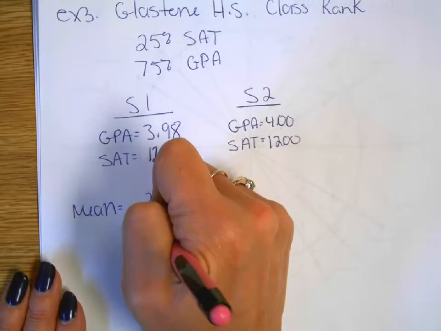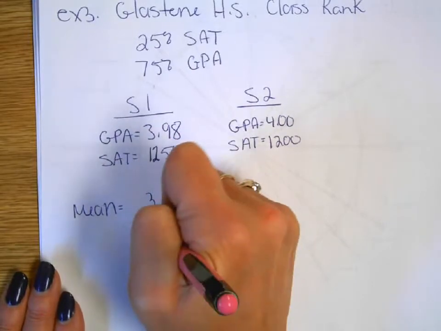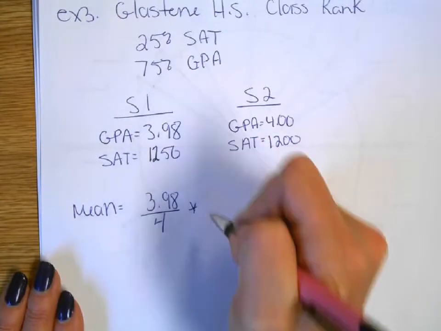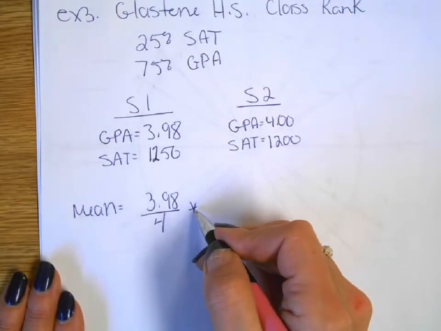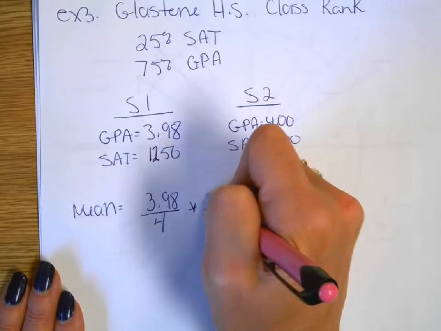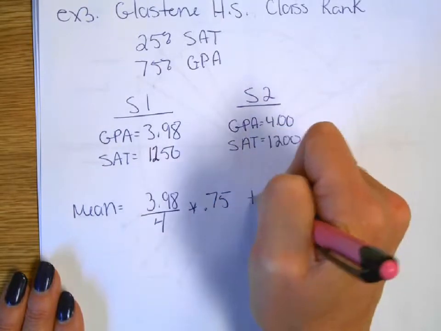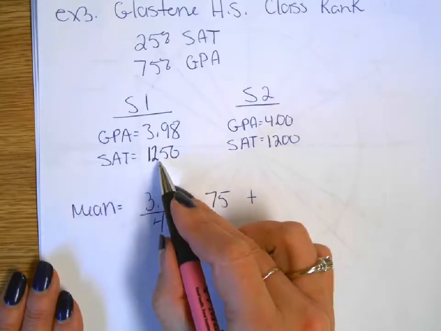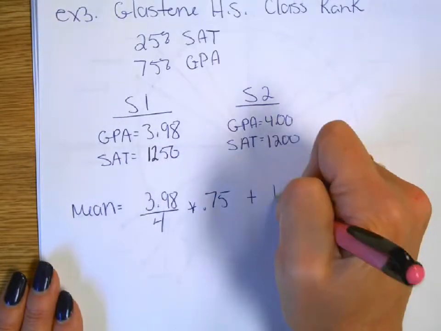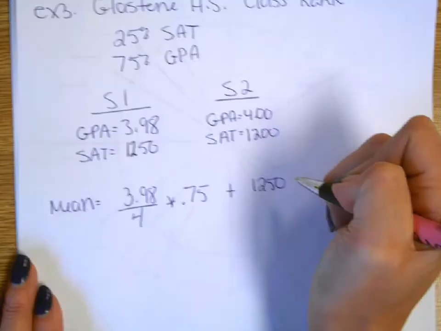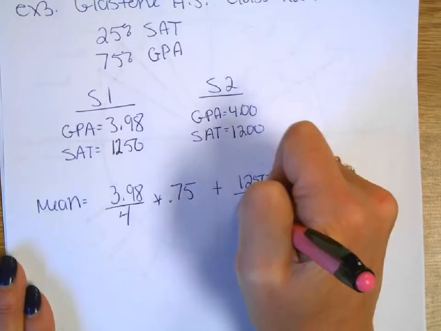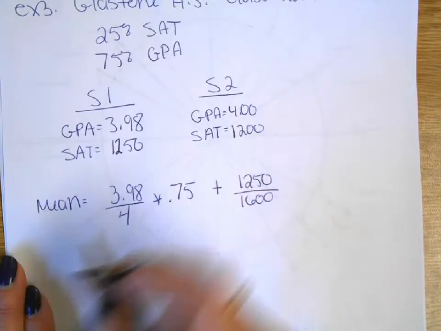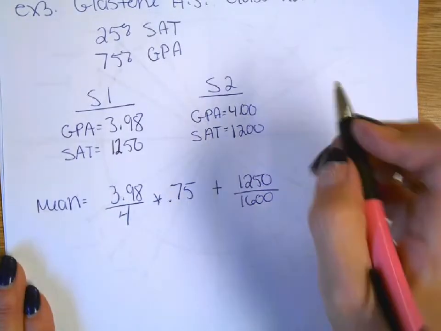So that would be 3.98 out of a possible 4 for an average, multiply by its weight, and the weight for the GPA is 75%. Add on the next category, which is the SAT. They got a 1250. To turn that into an average, it's out of a possible 1600. So I need to turn the scores into averages and then multiply by the weight.